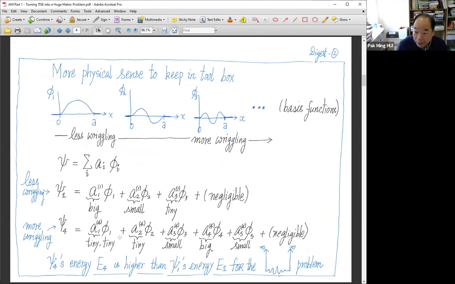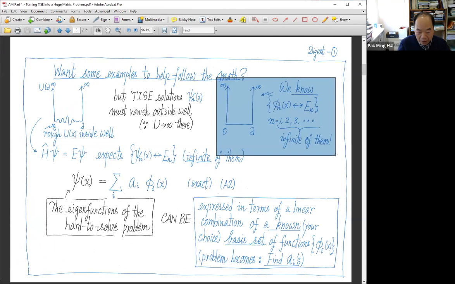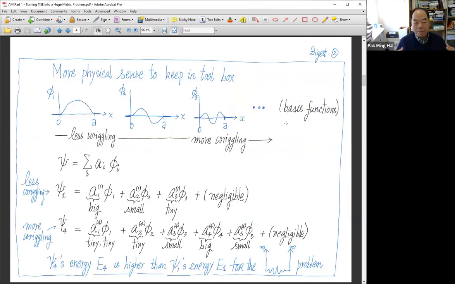Before we do the mathematics, it's always good to know what is the physics that you are doing the mathematics for. You understand my sentence? I hope. Okay, so just take this example. You know this exactly solvable problem. And then you have a ground state, you have the first excited state, you have the second excited state, and usually you start labeling them 1, 2, 3, 4, 5, and so on.